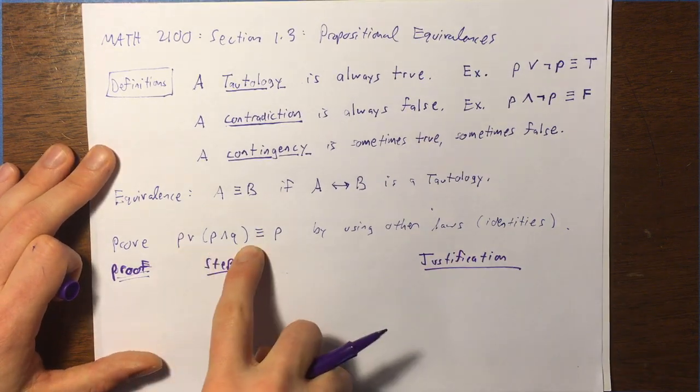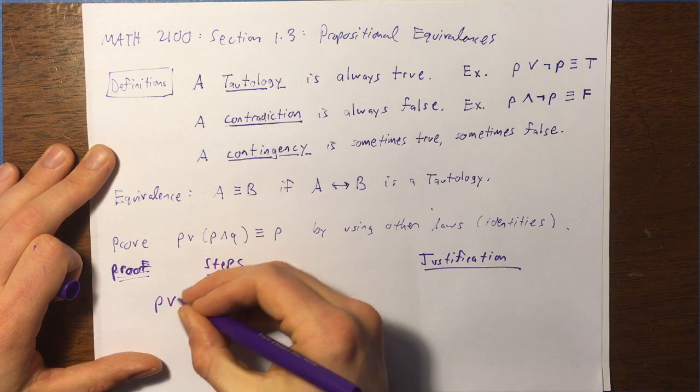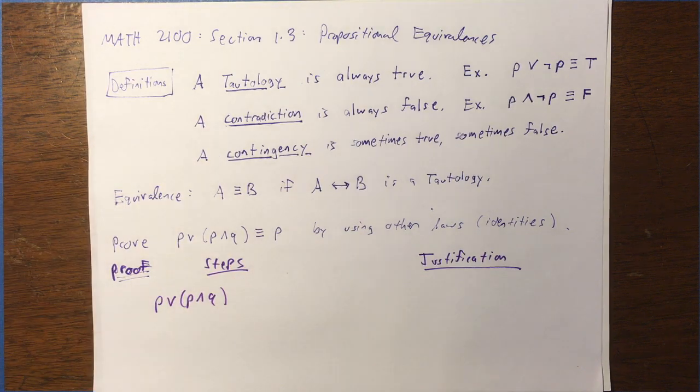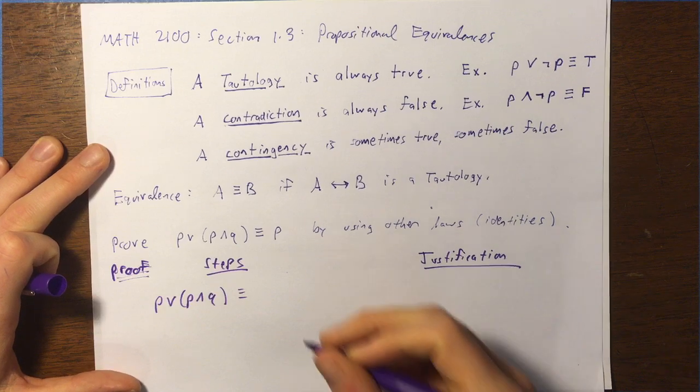Let's start with the more complicated side of this equivalence. We're going to look at P or (P and Q). Now, I challenge you to try to do this. See if you can come up with something which is going to work here. One of the things you might think to use immediately is perhaps the distributive law. So let's attempt the distributive law.